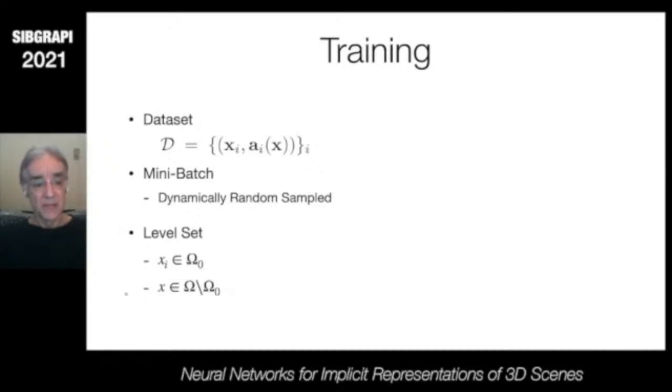And these two kinds of samples for the data are going to be given to the network using mini batches. And so for each mini batch, 50% of the points are on the surface and 50% of the points are outside the surface.